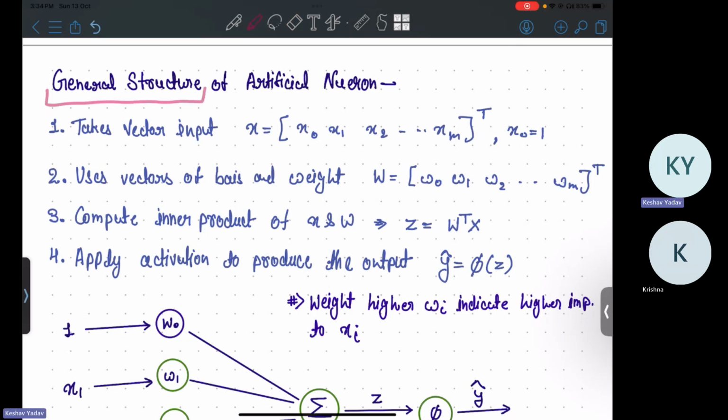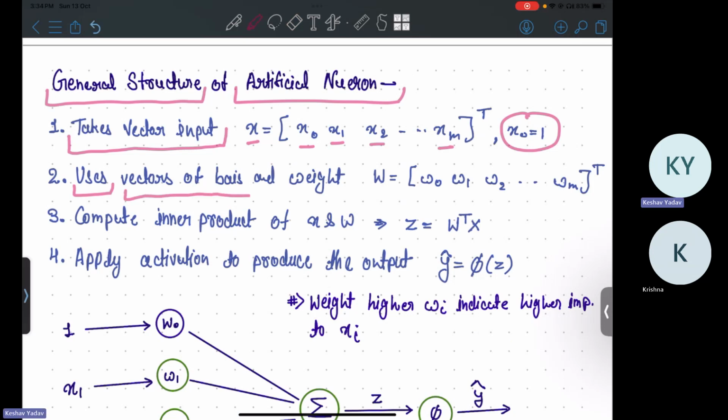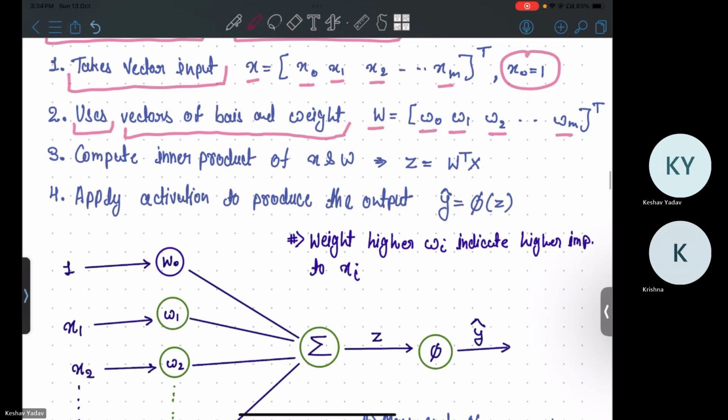Now, what will be the general structure of an artificial neuron? An artificial neuron will take a vector input. That vector is x0, x1, x2, up to xm, where x0 equals 1. Then it will use a vector of bias and weights, w, which is equal to w0, w1, w2, up to wm, transposed.